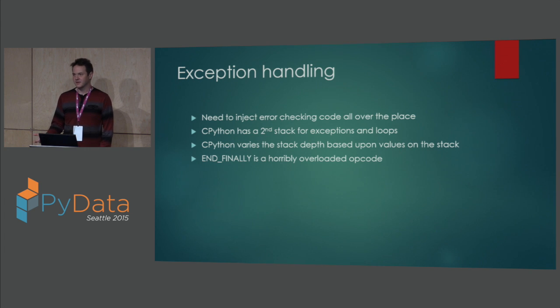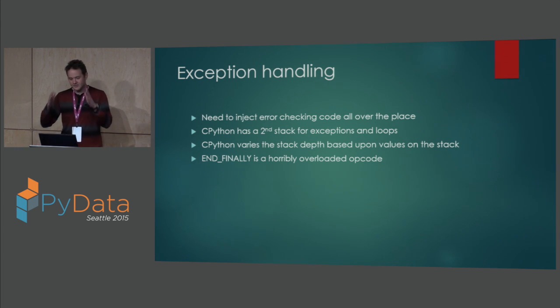The real interesting thing about exception handling is that CPython actually has a second stack that it maintains that's there for both loops and exceptions. And so that's a big difference from .NET, where there's really just a single stack. The worst thing about that second stack is, well, there's two bad things. A, the stack depth ends up varying based upon the opcodes, which is something that .NET doesn't like.